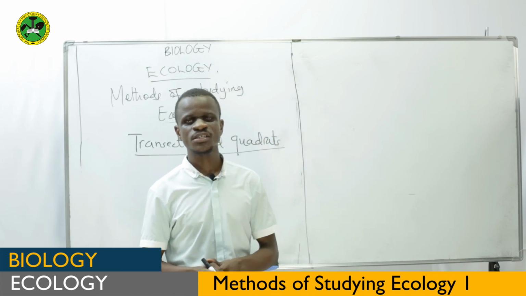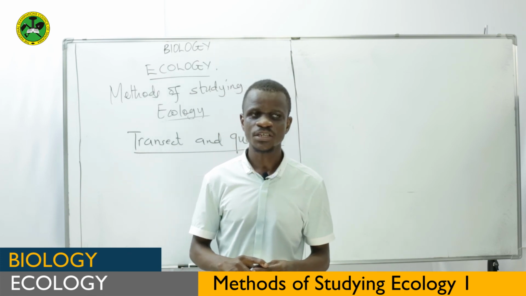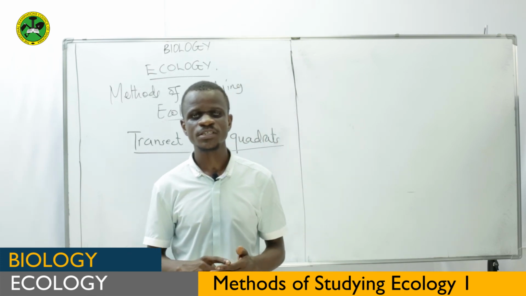And also we will discuss in detail how we can use quadrant and transect in sampling plants and animals. And in another lesson we will check how we can estimate population size using the capture-recapture technique.